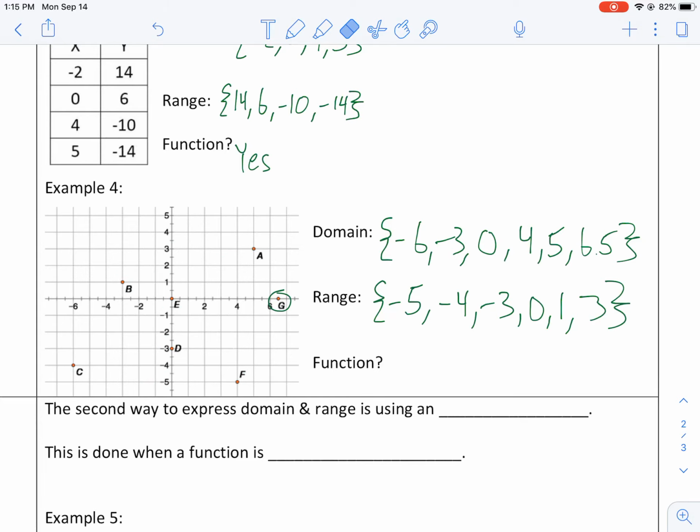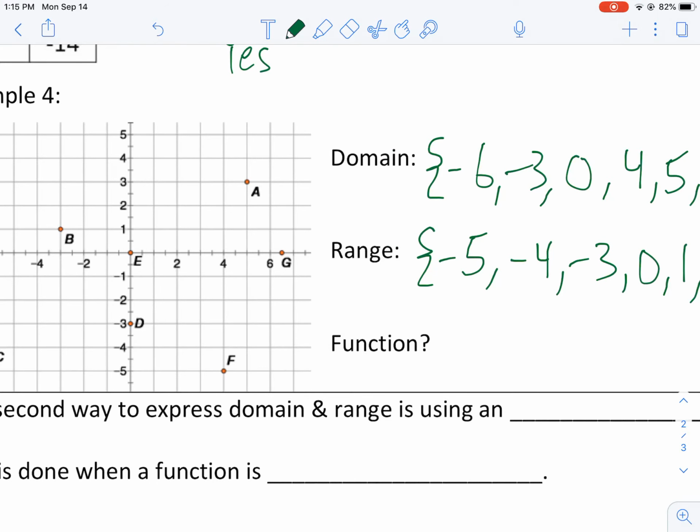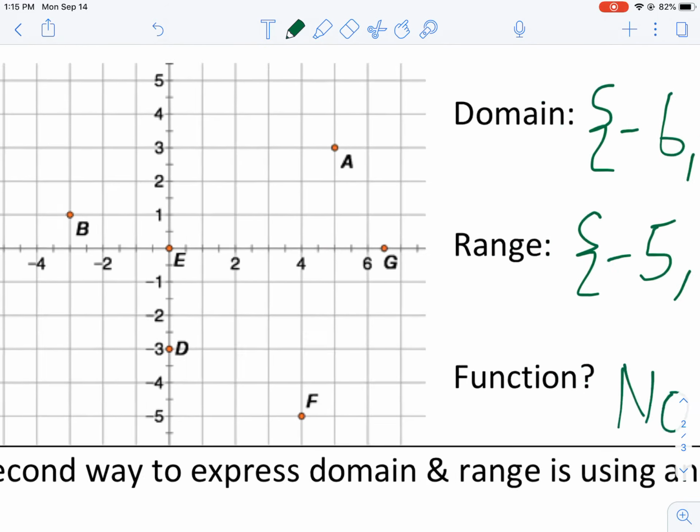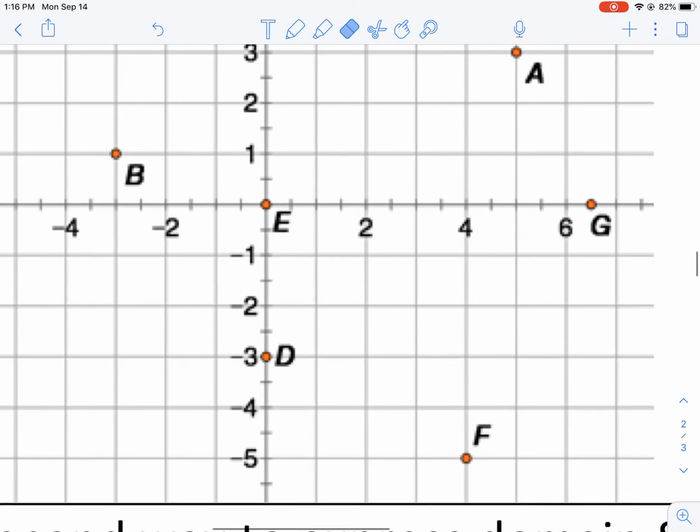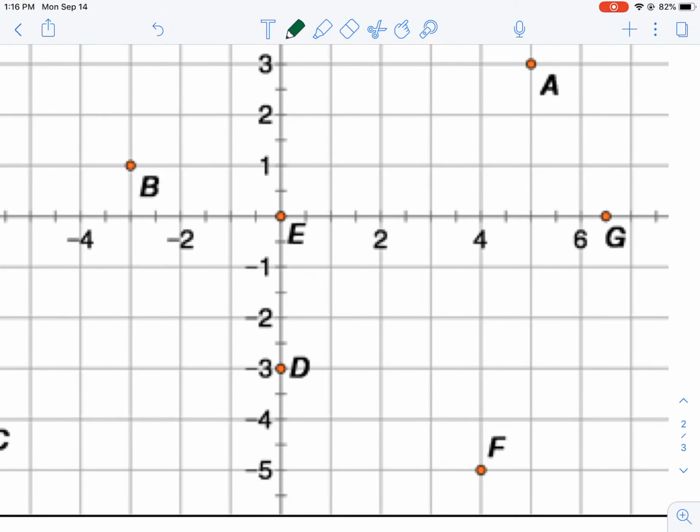Now, the last question here, is this a function? The answer for this one is actually no. This is not a function. Why is it not a function? It's not a function because of right here. If we look at the input 0, E has the coordinates 0, 0, and D has the coordinates 0, -3.